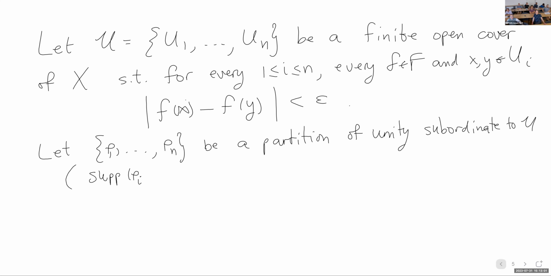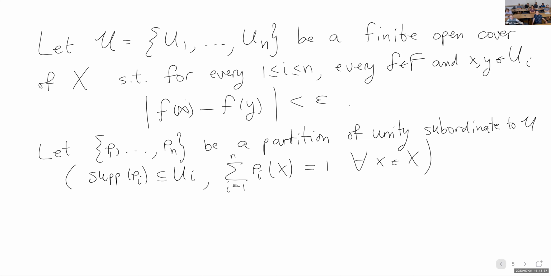So each phi_i is non-zero only inside Ui. And pointwise, these functions add up to 1. The Ui are open, so the support can be equal to Ui. I mean open support, contained. So this sum is 1 for all x.